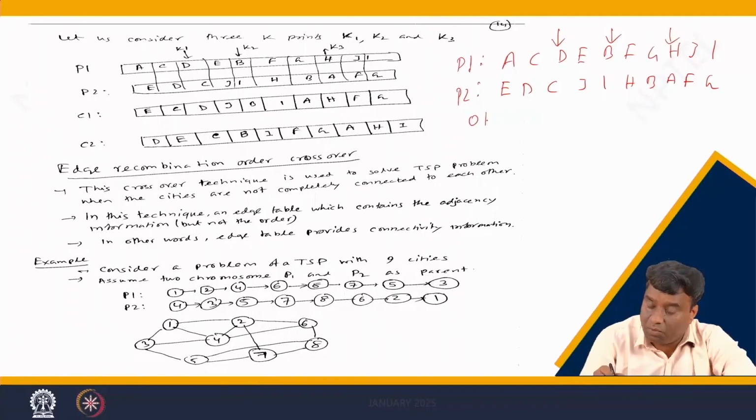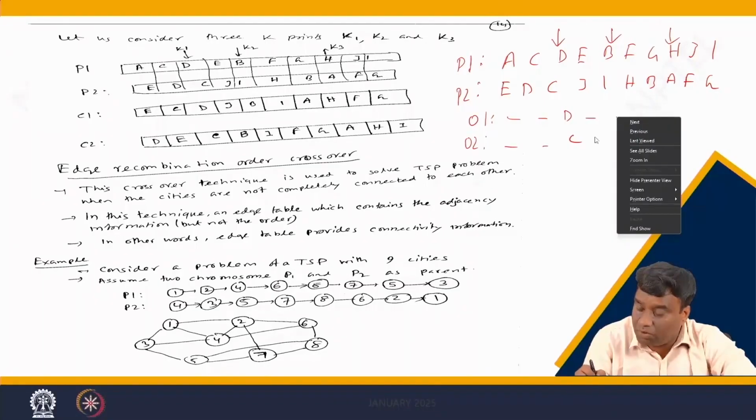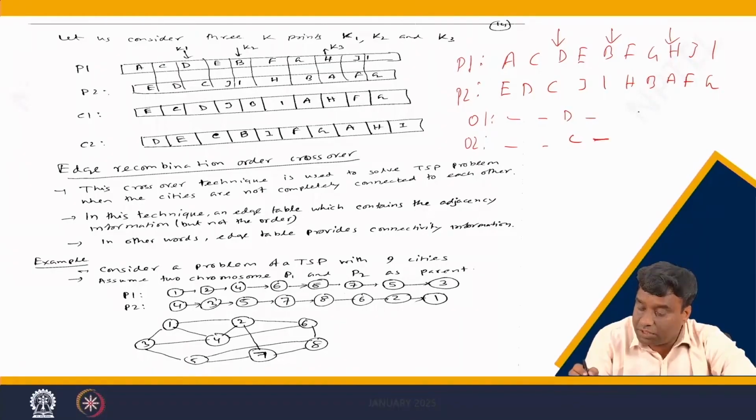Here for offspring 1, we can directly copy in those positions, that is D, B and H. Then the remaining positions are filled from P2 in order.